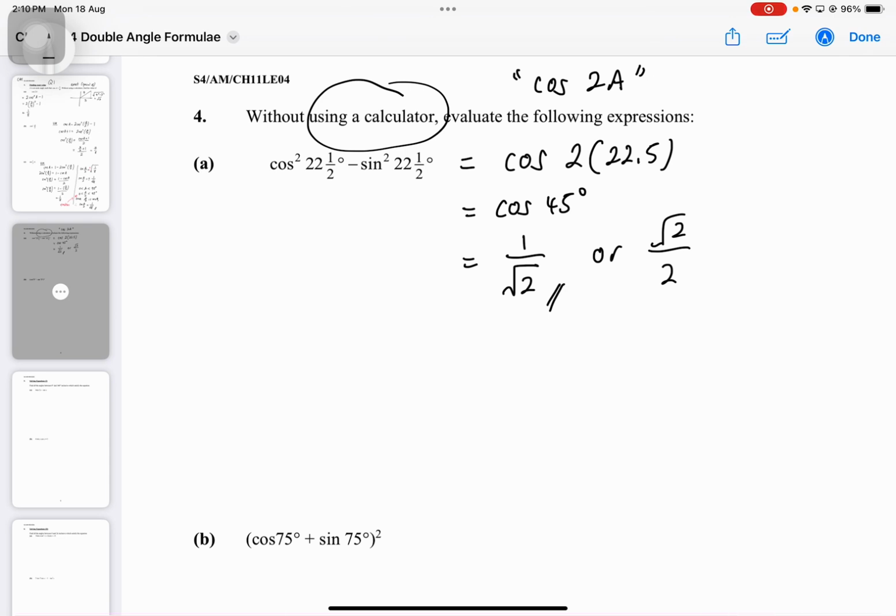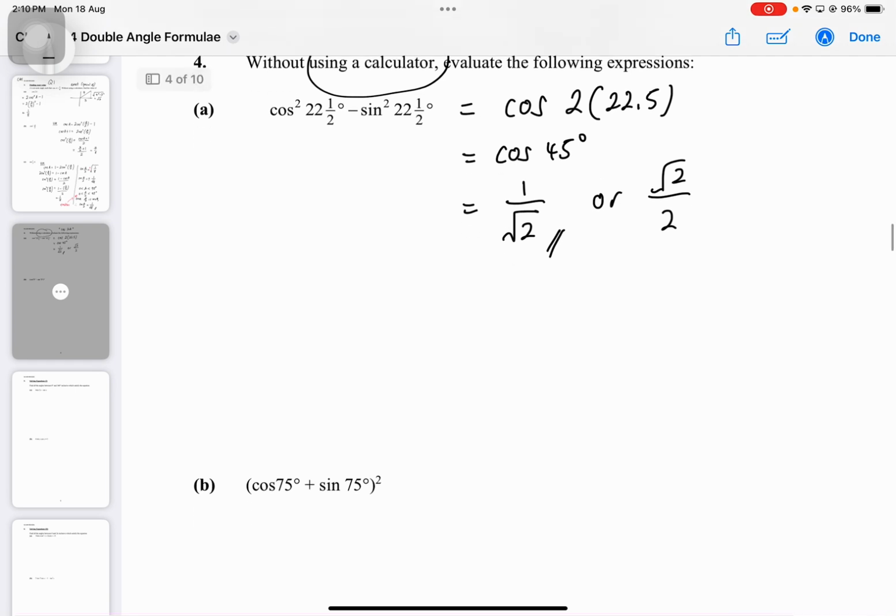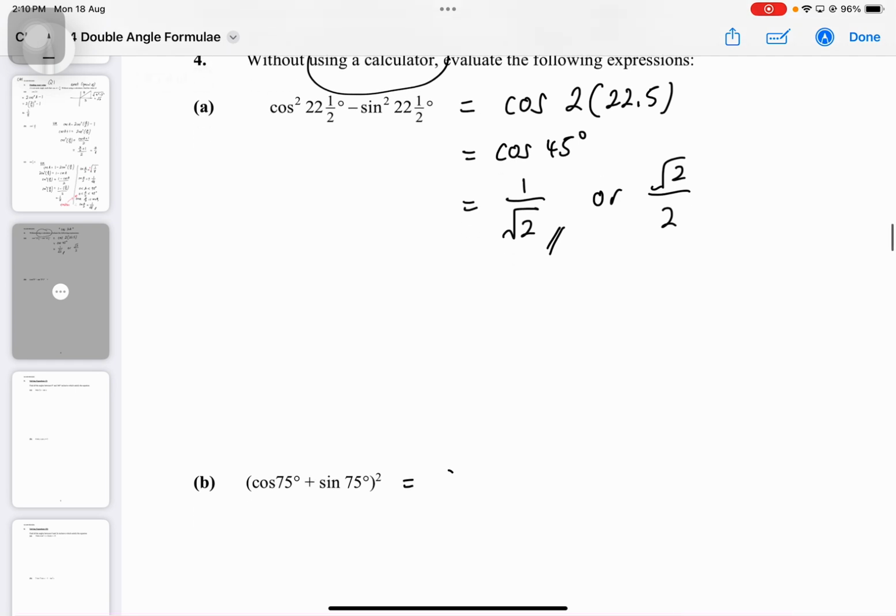Second one, cosine 75 plus sine 75, everything squared. Can I expand it first? Expand. This is the same as cos square 75 degrees plus 2 cos 75 sine 75 plus sine square 75.